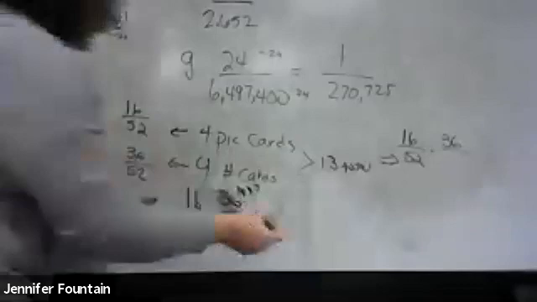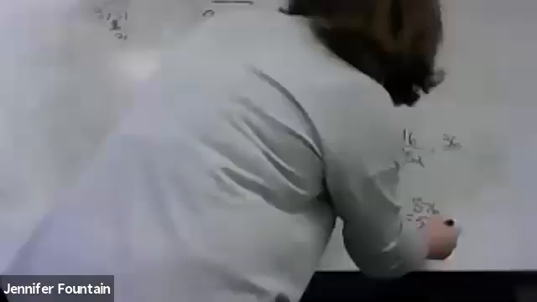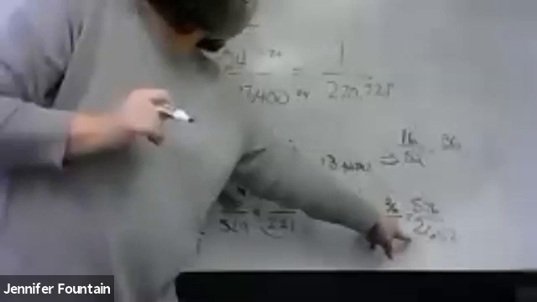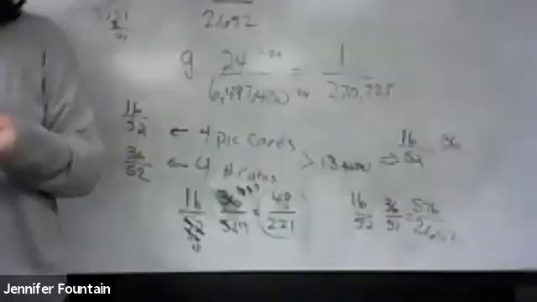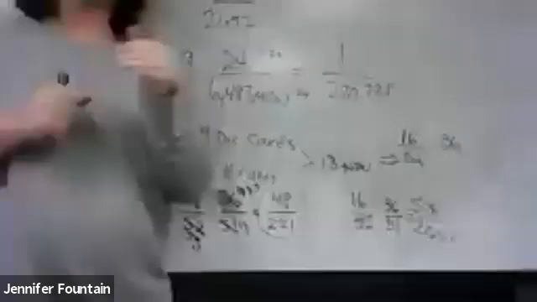If you did not simplify, you would have had 16 times 36, 576 out of 2,652. So at large, without simplifying, you'd have 576 over 2,652. What was different in activity 5? What did you do differently in number 5 than you did?